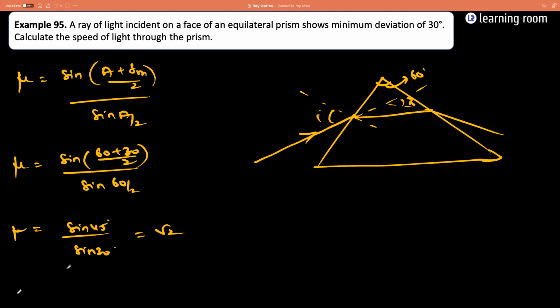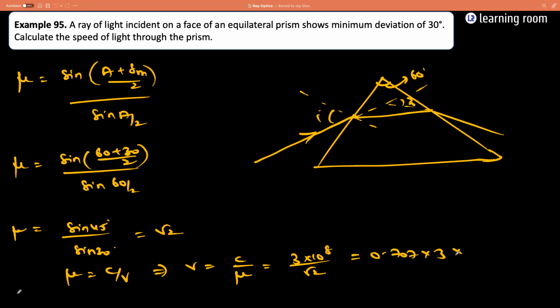We know that the refractive index is equal to C divided by V, which implies V is equal to C divided by mu. So C is 3 into 10 power 8 divided by root 2. This will give us 0.707 into 3 into 10 power 8. So the answer will be 2.12 into 10 power 8 meter per second.